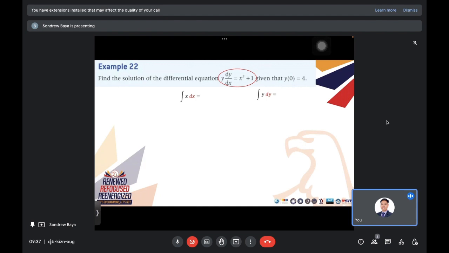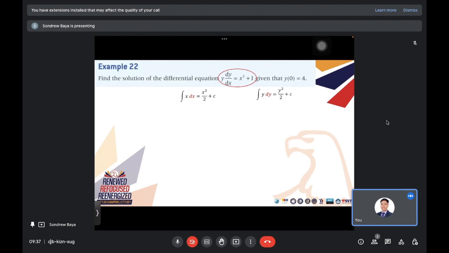Integrating a function of x should be with respect to dx, and integrating a function of y should be with respect to y as well. So for the first one, we can now say it's x squared over 2 plus c, and it's y squared over 2 plus c. Now, whenever you do differential equations, all you need to do is to algebraically manipulate it such that the y function is with respect to y and the x function is with respect to x.